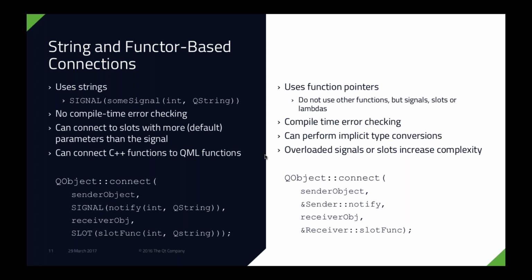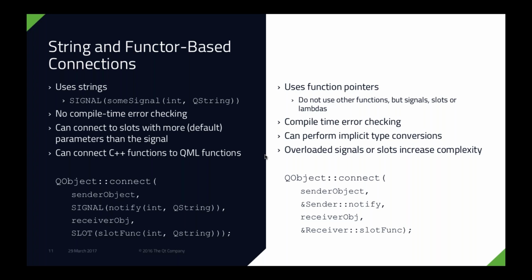In this case, if we look at the left-hand side in the blue area, you can use a string to create a signal. Use the SIGNAL macro, which will turn that code into a string. And you can connect that to another string using the SLOT macro, or another SIGNAL macro if it's a signal. This is the old Qt 4.8 and previous way of connecting up signals and slots.